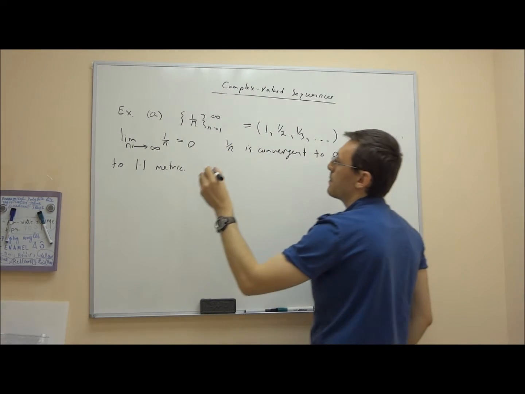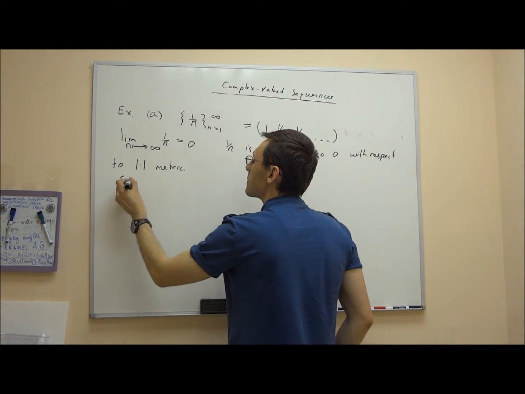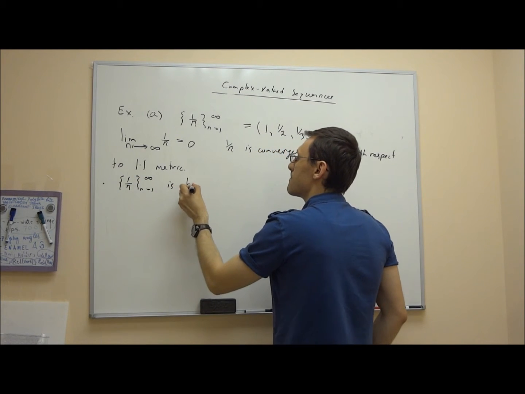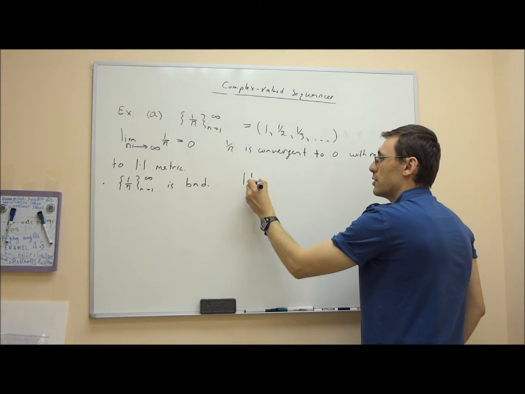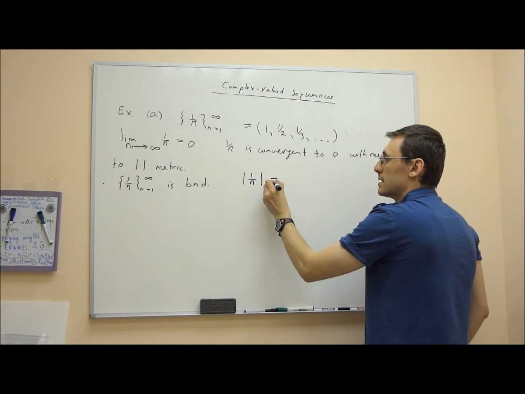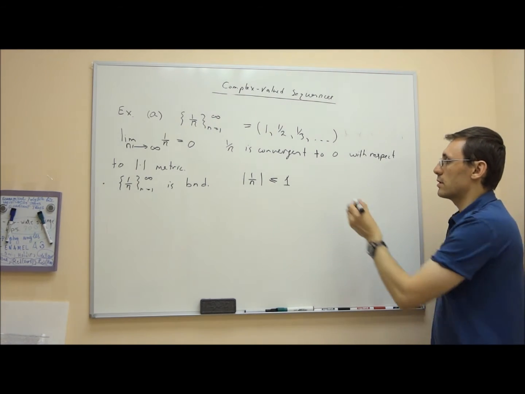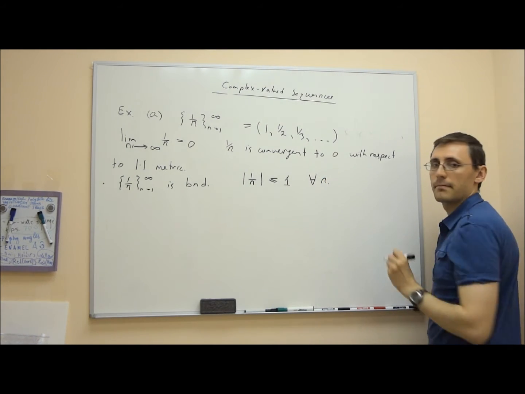This sequence is bounded. Why is it bounded? Well, if you take the absolute value of each 1 over n, it is less than or equal to, say, the number 1. So that is true for all n.